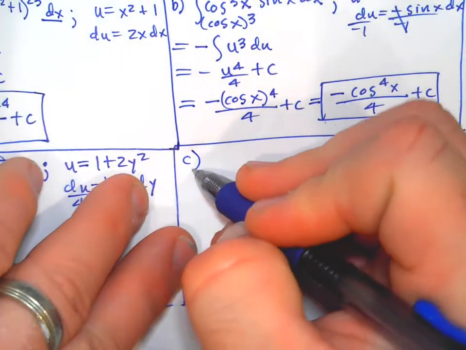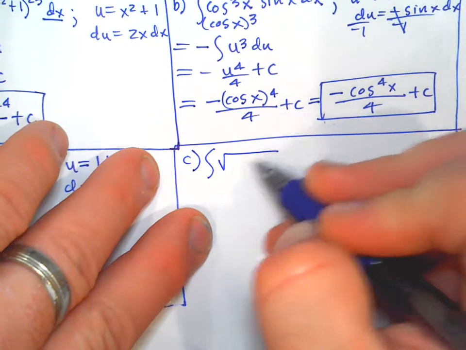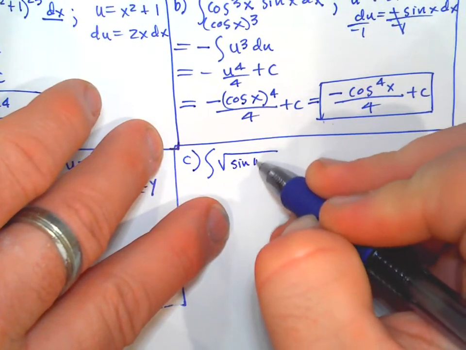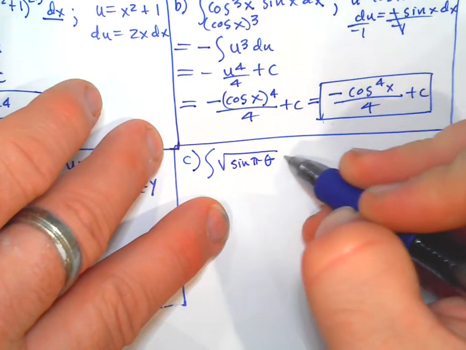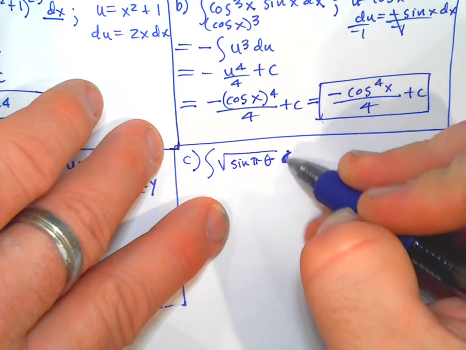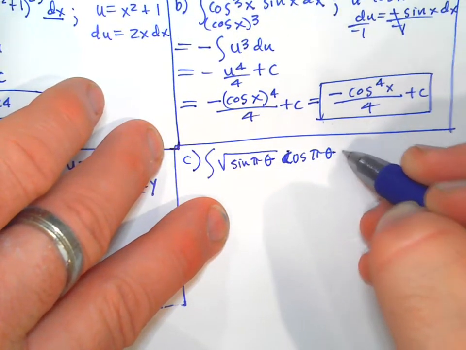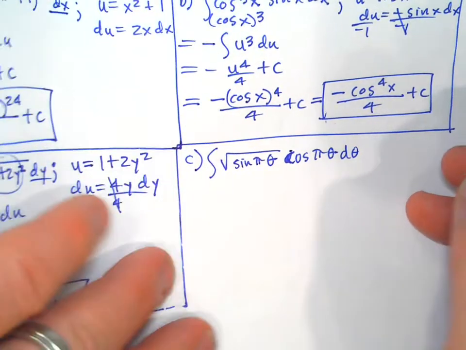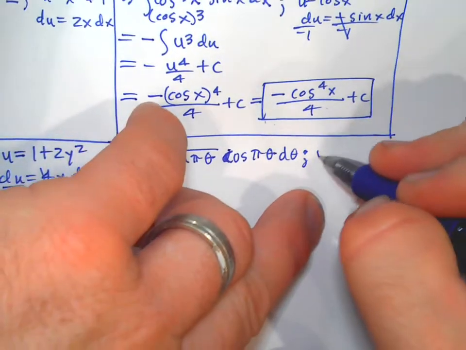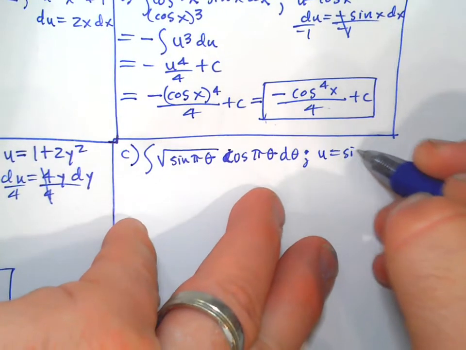2C is the integral of the square root of sine pi theta times cosine pi theta d theta. They're telling you that u equals sine pi theta.